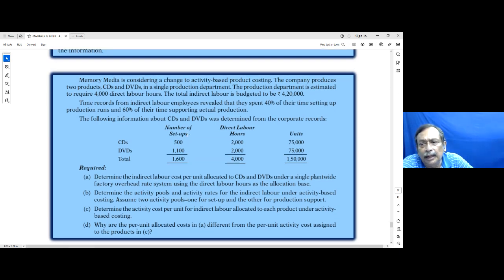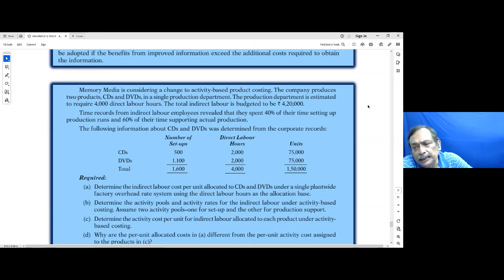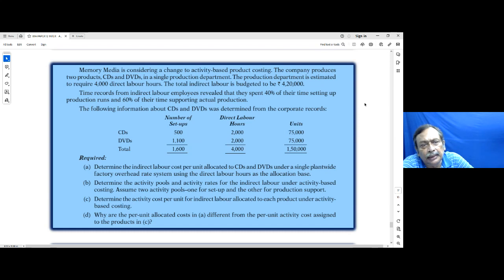Now we are going to have the last problem so far as activity-based costing is concerned. Memory Media is considering a change to activity-based product costing. The company produces two products, CDs and DVDs, in a single production department. The production department is estimated to require 4,000 direct labor hours.